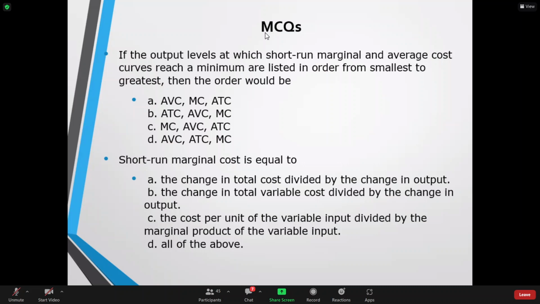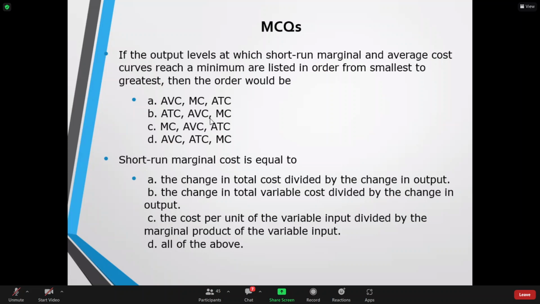Yes, correct. Answer is C. So marginal cost, we know marginal cost takes minimum first. After that, average variable cost takes the minimum. Then the average cost takes the minimum, right? So in the order of the smallest to greatest.